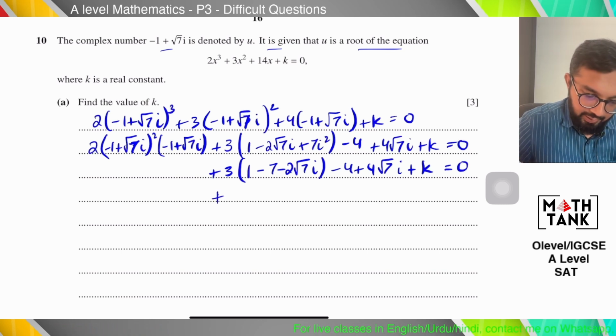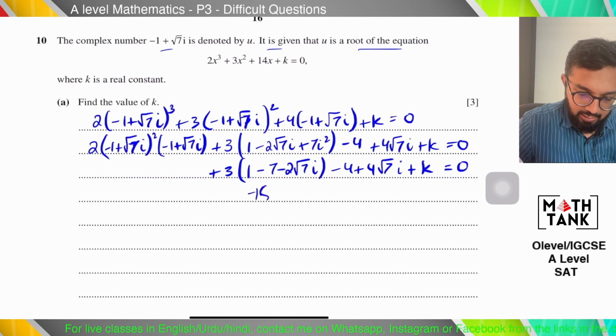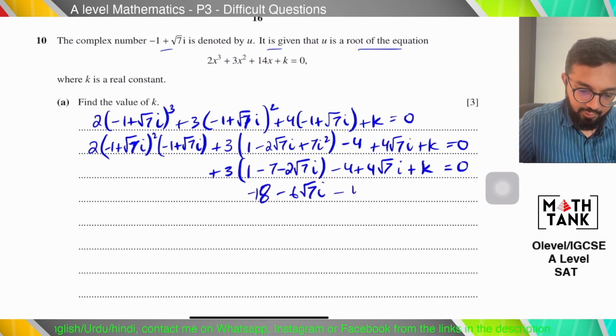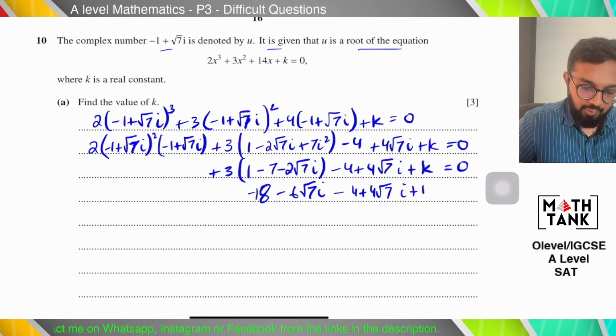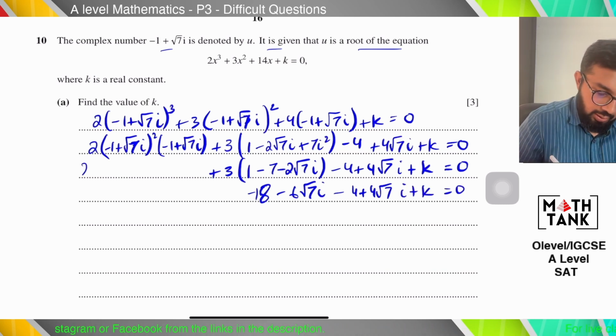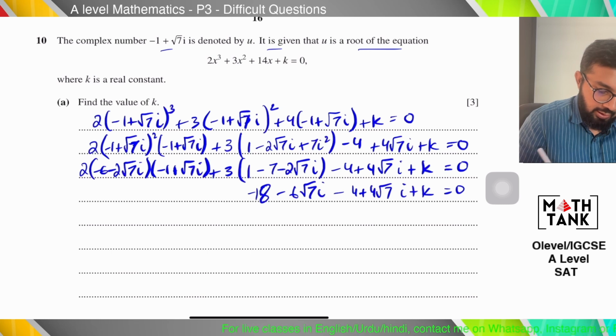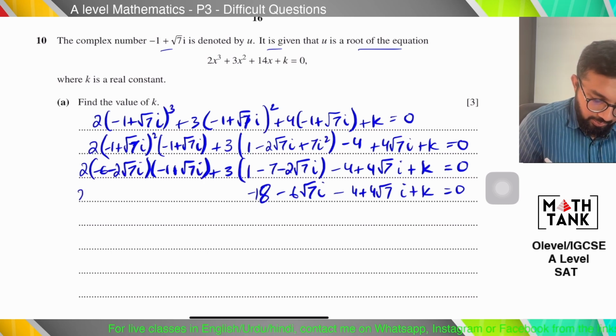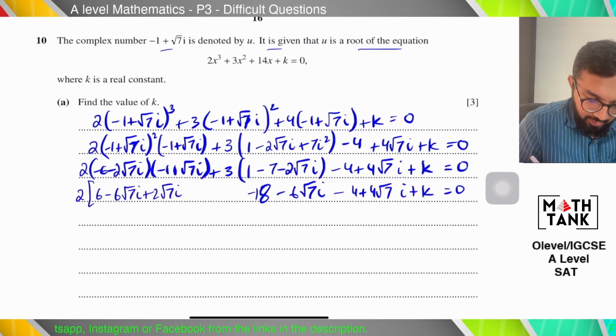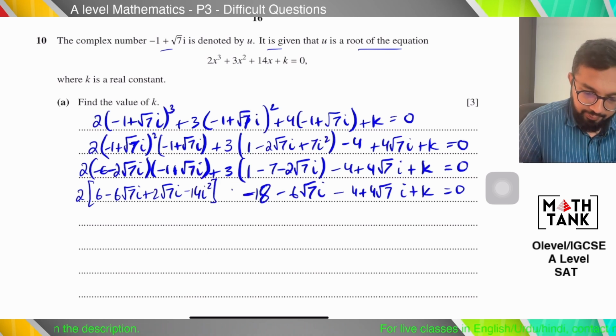Okay, let's first simplify this and then we're going to open this up. 3 times minus 6 is minus 18 minus 6 root 7i. And minus 6 minus 2 root 7i into minus 1 plus root 7i. So I get 2, 6 minus 6 root 7i plus 2 root 7i minus 14i squared, minus all of that.